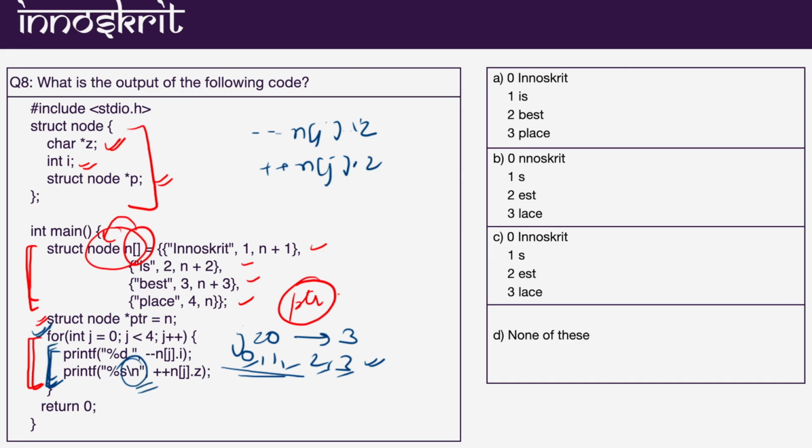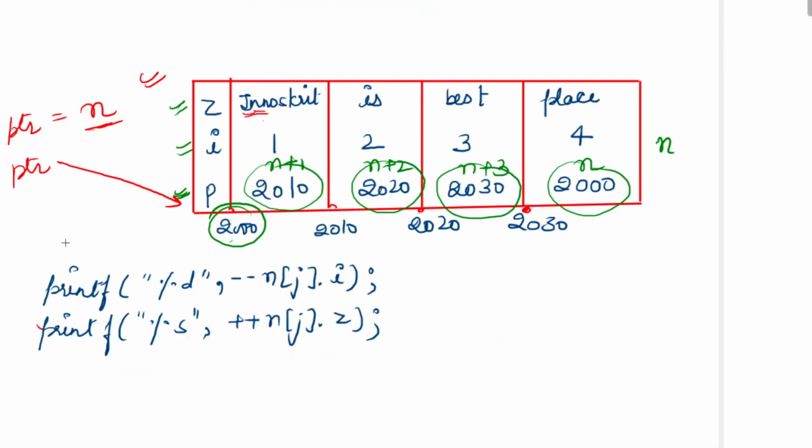Fine. So let's see how we can proceed with this one. These are the two print statements that need to be printed by the code. It says j will start from 0, 1, 2 and 3. So it says print the first value as n0 dot I, and then we have a pre-decrement.